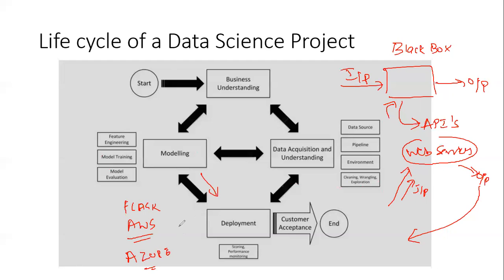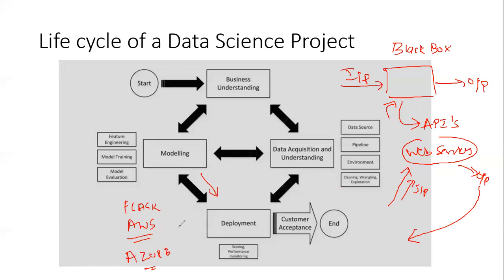You can connect it to any programming language, whether .NET, Java, Python, or C++. So you can just hit that API with the required input and get the output from it.